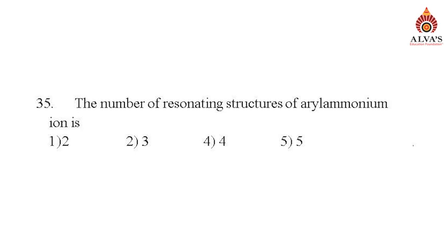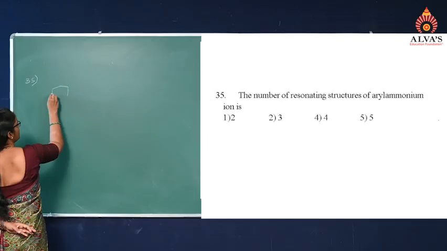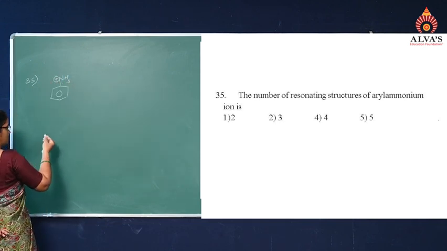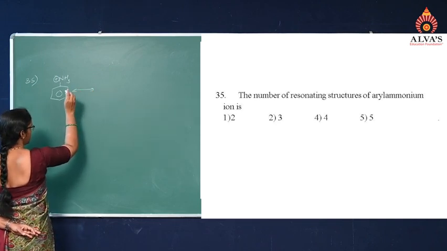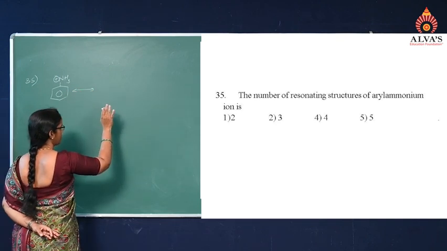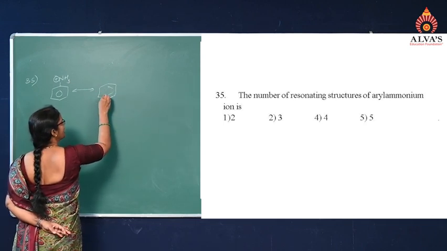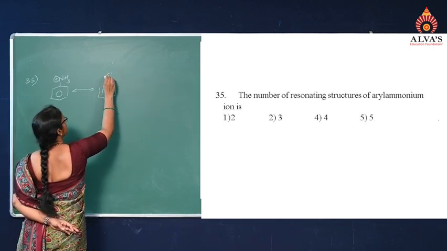Question number 35. The number of resonating structures of aryl ammonium ion is. Now, aryl ammonium ion is benzene ring attached to NH3+, and since there is no delocalization of electron, in case of aryl ammonium ion there can be only two resonating structures, that is Kekulé structures.